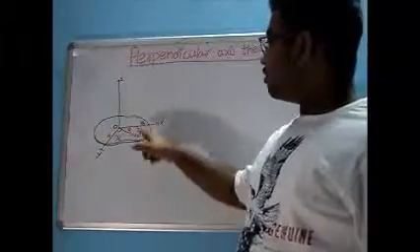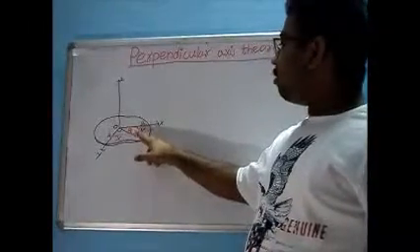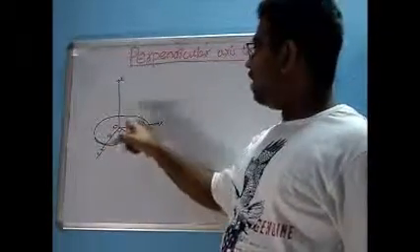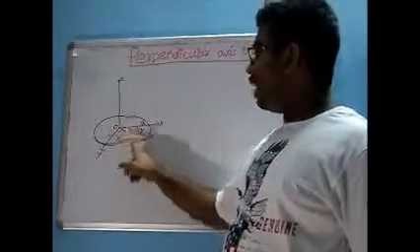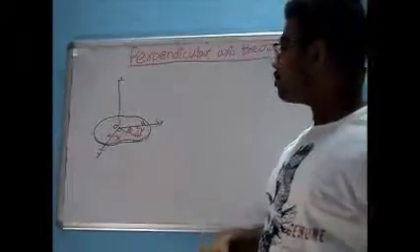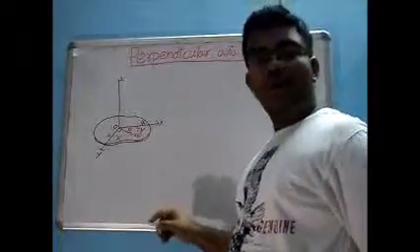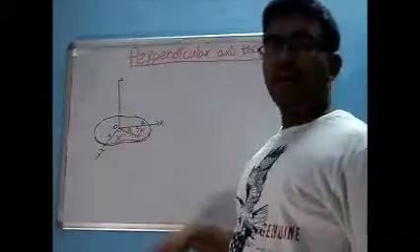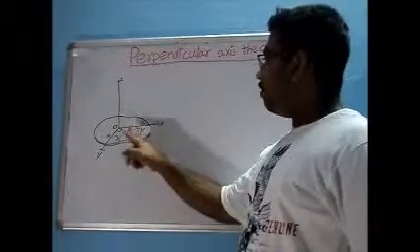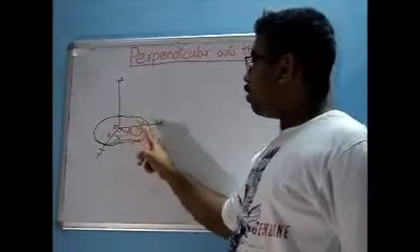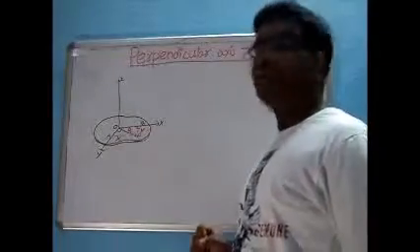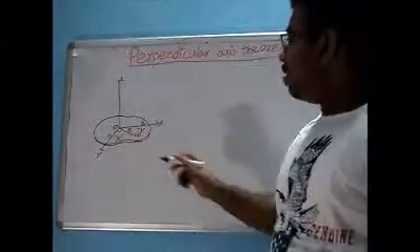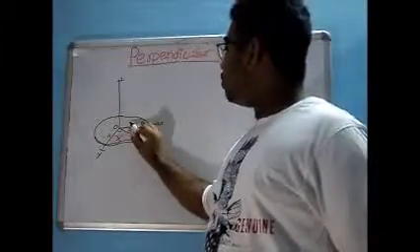Now as PQ is parallel to AO and OQ is parallel to AP, and also angle AOQ equals 90 degrees, we can assume that AOQP is a rectangle, and we know that opposite sides of a rectangle are equal. So OQ is equal to x.